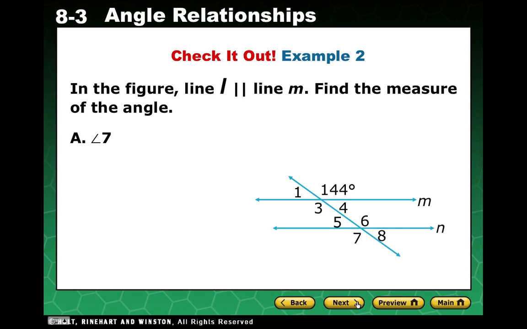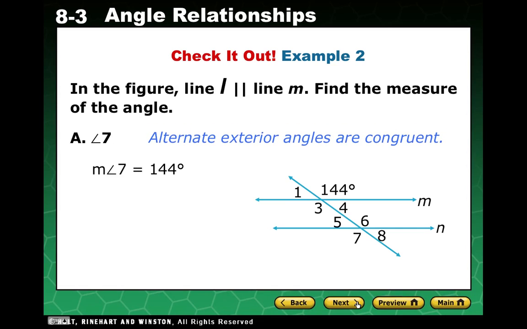They are all either corresponding or alternate interior angles or alternate exterior angles. We know that angle 144 degrees is congruent to the vertical angle, which is angle 3, which is congruent to the alternate interior angle, which is angle 6, which is congruent to the vertical angle, which is angle 7. So we know that angle 7 is 144 degrees.